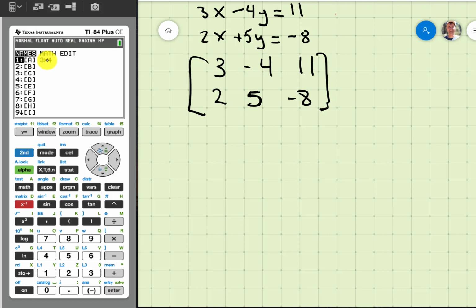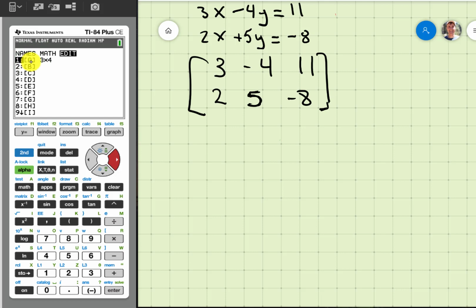Several of you are going to have blanks here, and they'll just be all zeros or blanks, and you can just type in the new numbers either way. But our first job is to go here. We need to edit. So I'm going to do the sideways arrow, get into the edit menu of the matrices, and I am editing A.